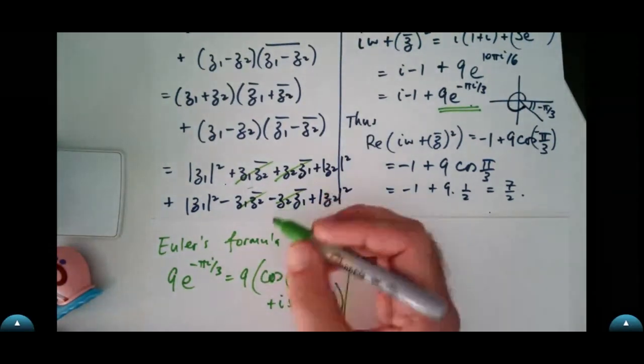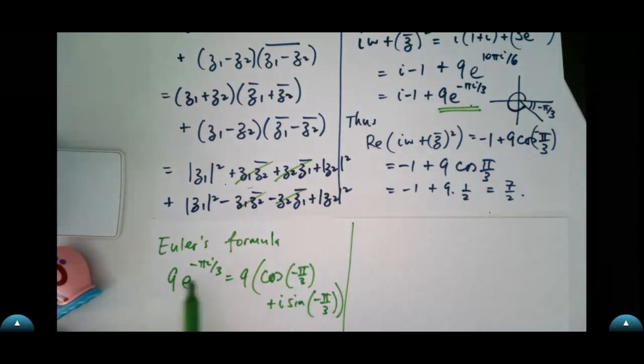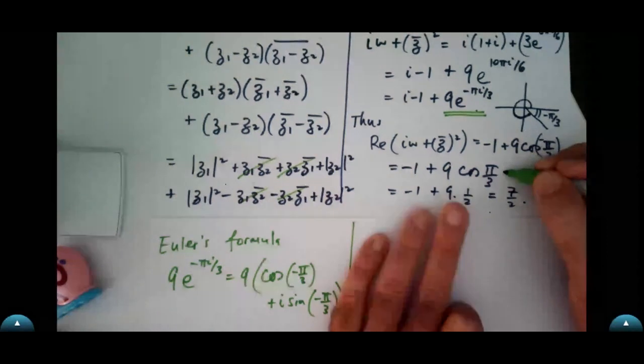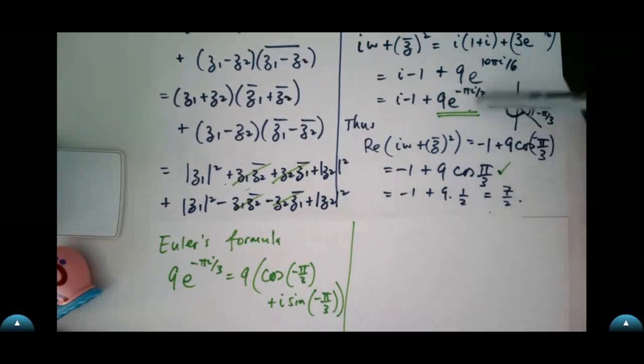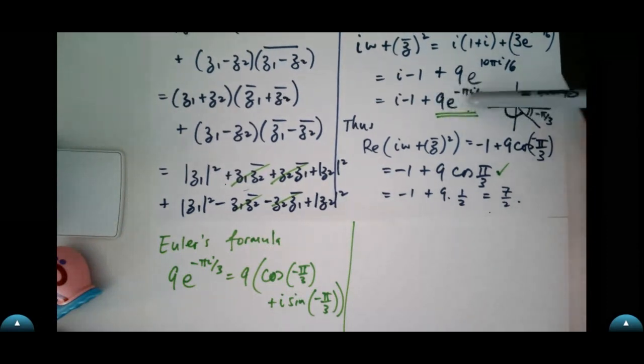This is a very important formula. If I just want the real part of that, you can see it's going to be this first bit here, not this second bit. So that's where this thing comes from. Euler's formula is super important, and you use it all the time. You can use it to go from the polar exponential form to Cartesian, and it's just an amazing formula.